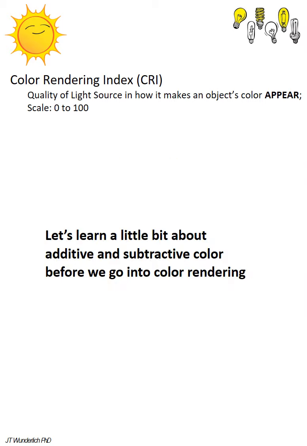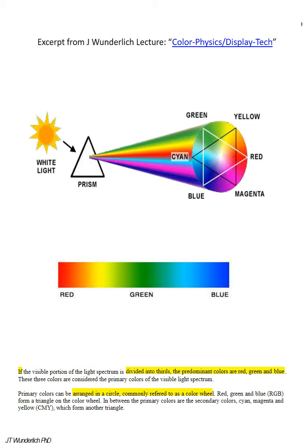Before we get into the color rendering index, though, we should learn a little bit about additive and subtractive color. This is an excerpt from a lecture I have in a high-tech class on color physics and displays, computer monitors.